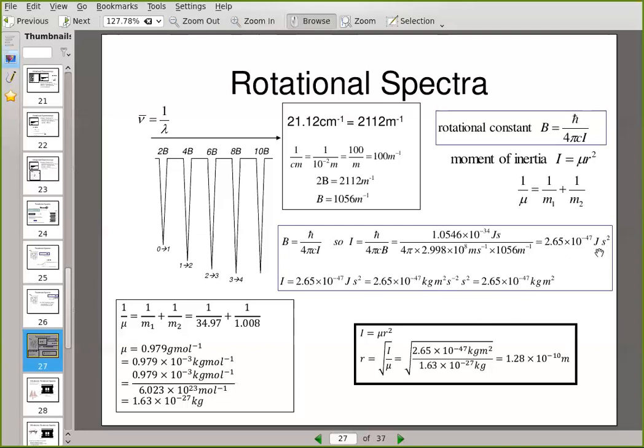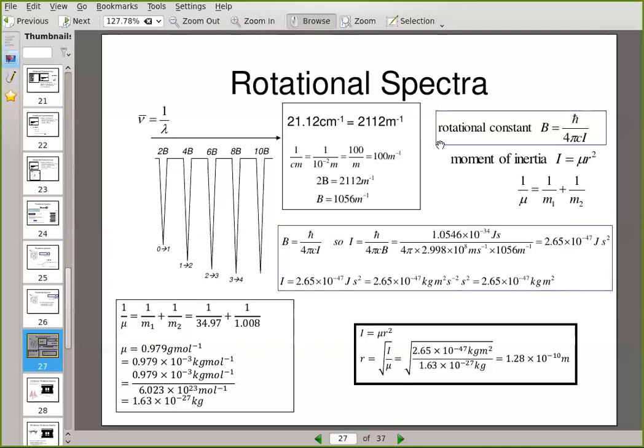The joule second squared is the same as kilograms meter squared, which are the units we really want to be placing in I is equal to mu r squared. So it's nice to know that we don't have to change anything in terms of a number, that the units do work out totally correctly for us to take this further.